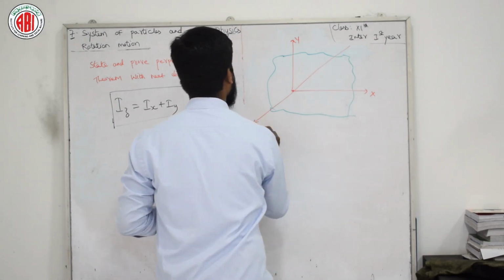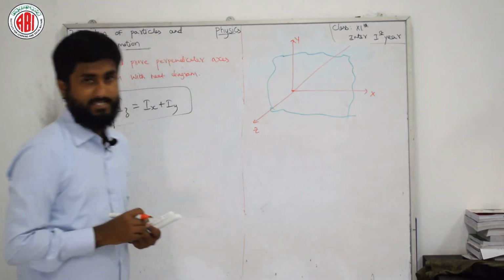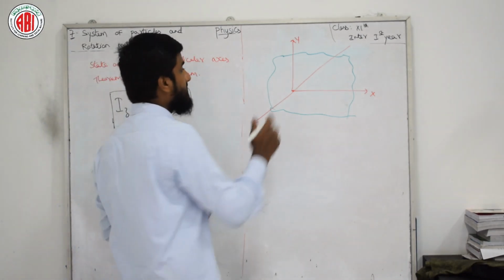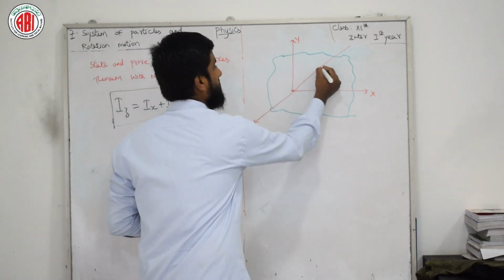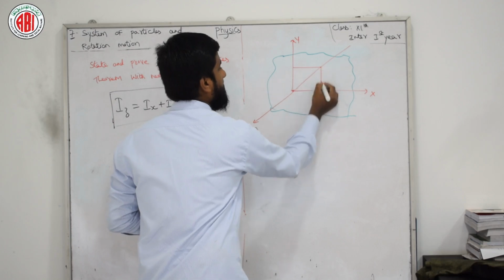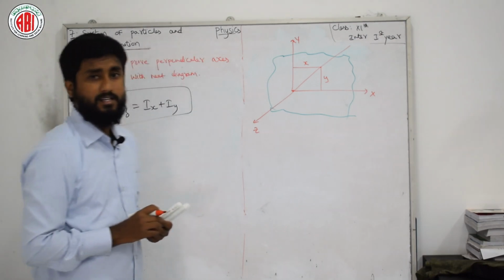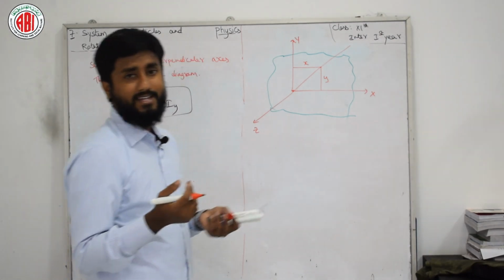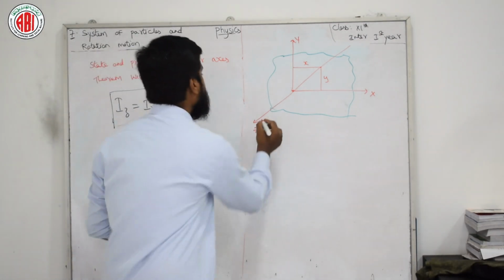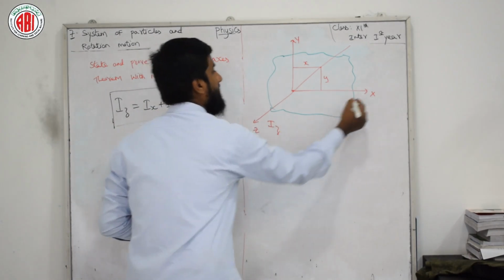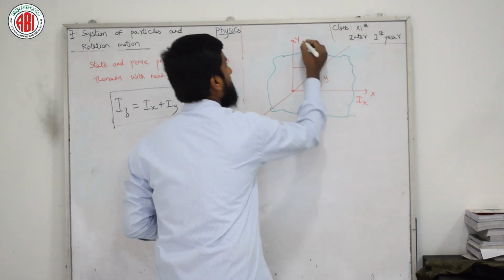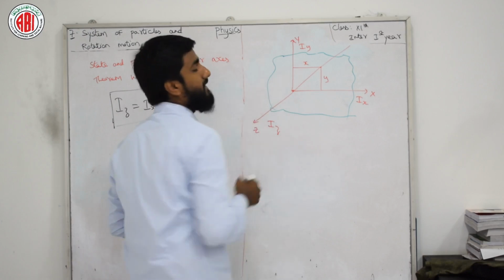Now we are considering a particle at this distance, with this as x distance and this as y distance. So here we have Iz, this is Ix axis, and this axis is nothing but the Iy axis.